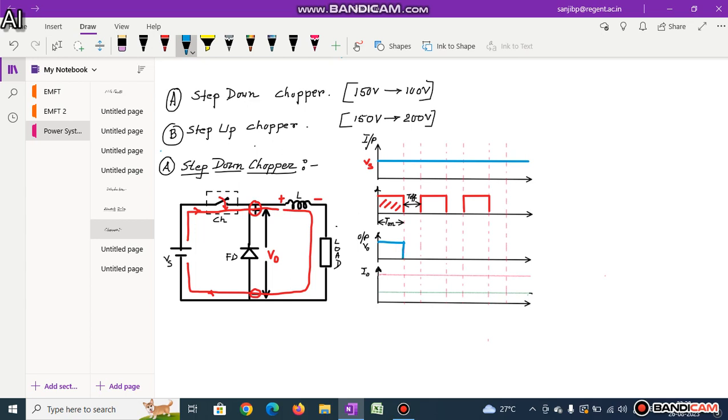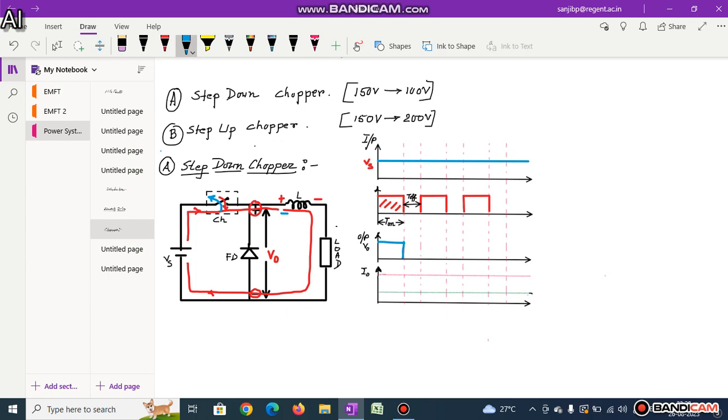When the switch is off, suppose the switch is off, I have shown this part. Now the inductor has stored charge. We know the inductor will not lose the total charge at a time. It takes time, and here the polarity of the voltages will reverse.